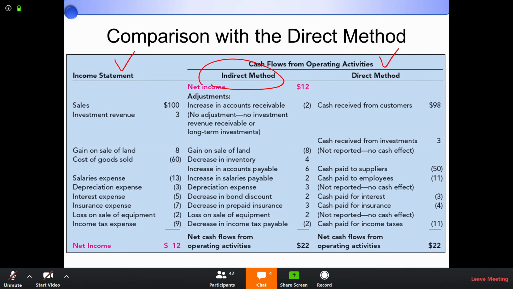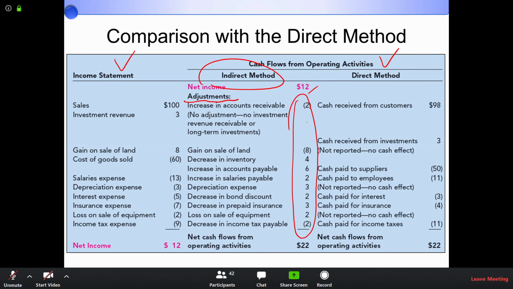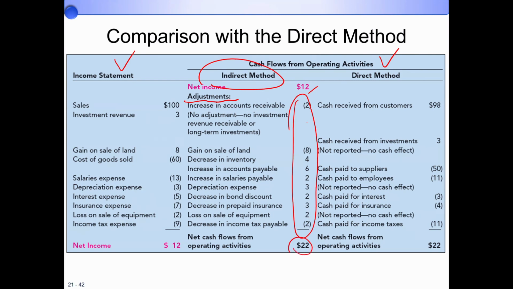Now we include all 3 types of adjustment here. Starting from 12, plus and minus, by the end it is 22. And remember, the direct method gave us 22, because these should be the same. These are the net cash flow from operating activities.